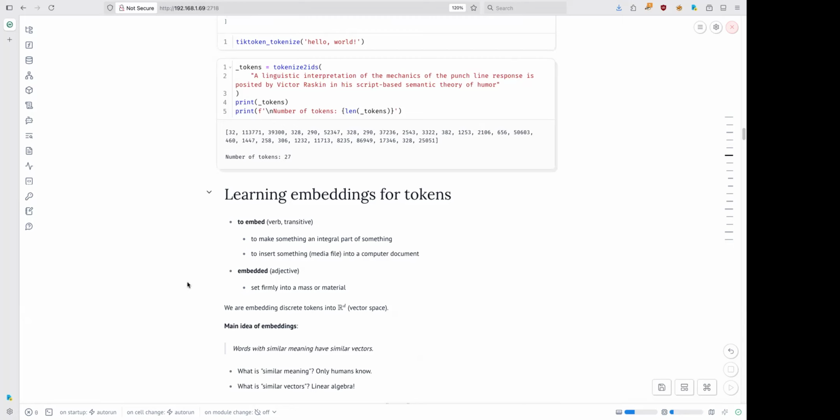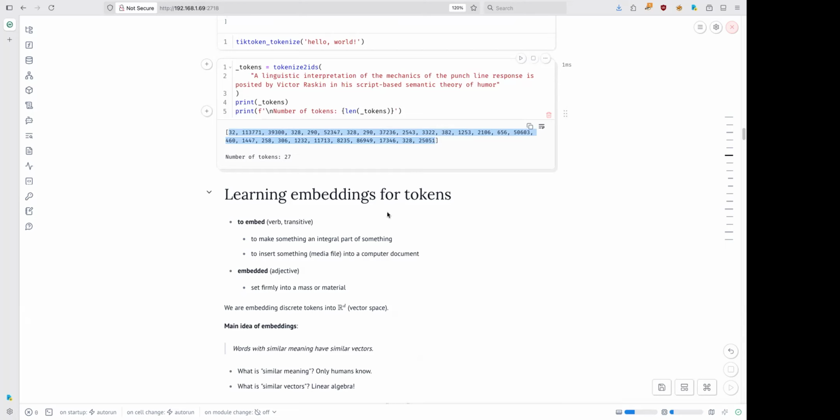Maybe the things are called embeddings because we are embedding discrete tokens into some kind of real vector space. We have tokens, token IDs, which are integers, and we would like to insert them into the vector space, to convert each integer into a vector.